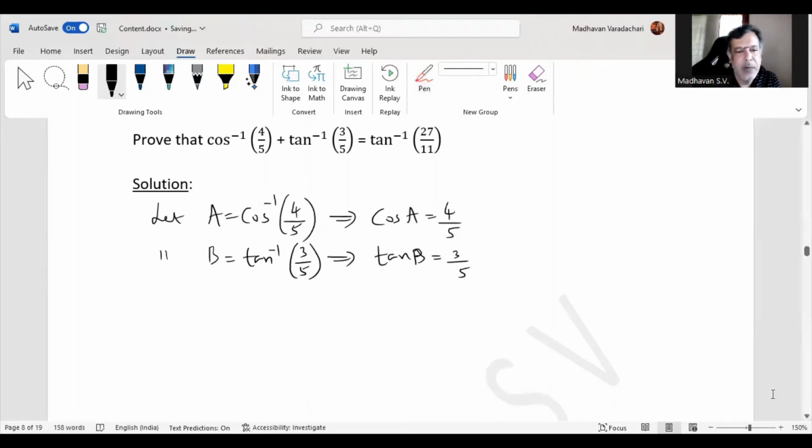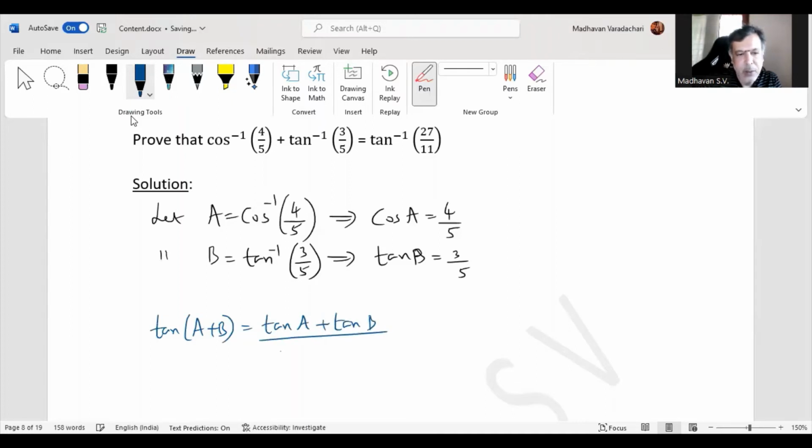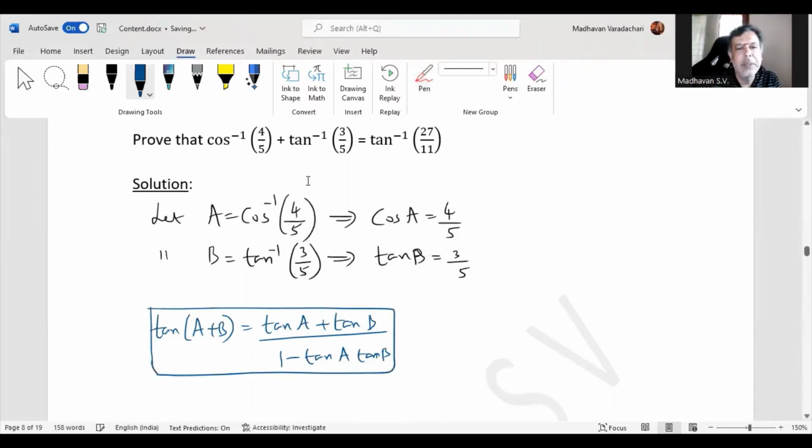Now we have a trigonometric identity, which is tan of A plus B is equal to tan A plus tan B divided by 1 minus tan A tan B. We will be using this expression subsequently. So I need this cos A to be converted to tan.